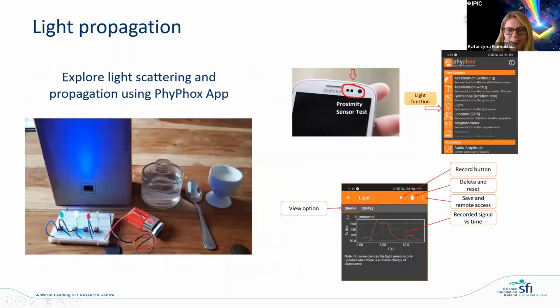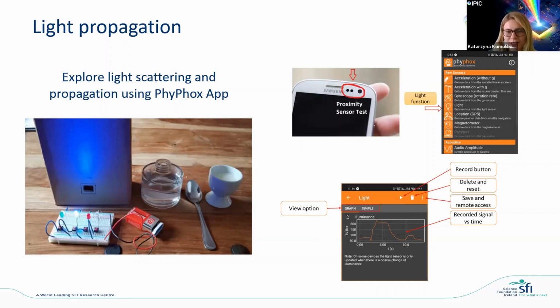Next slide, Marcelo, please. The last experiment that I will talk about explores light propagation and light scattering. You will have to download the Phyphox app, which is free of charge. That app allows you to explore different physical properties just using your phone sensors.